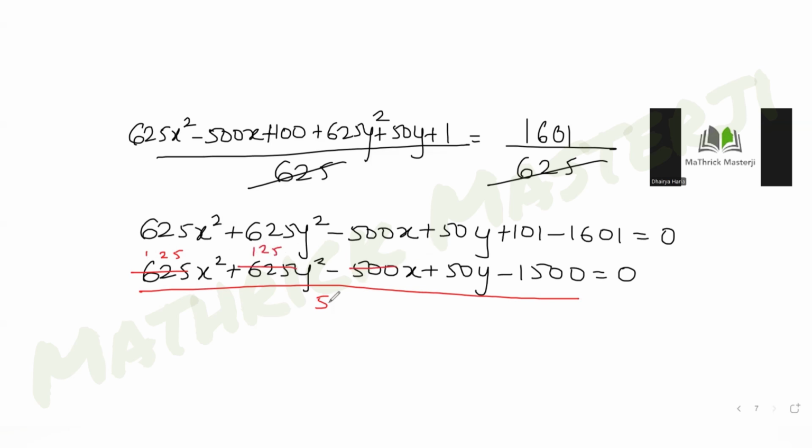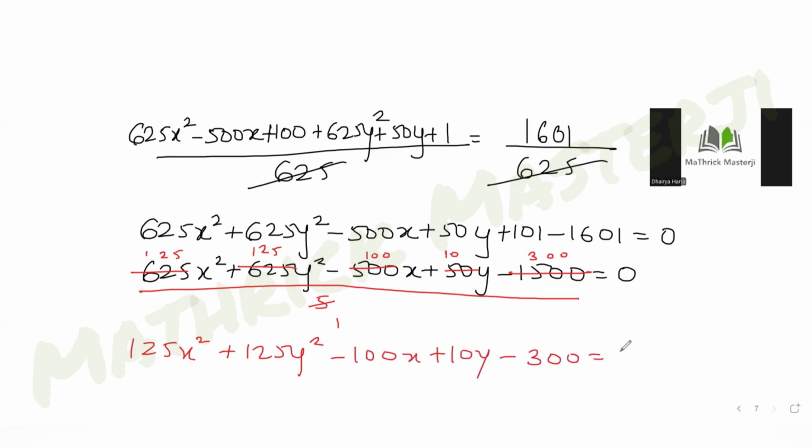Here also, if I divide with 5, I get 100, 5 tens, and 5 300. So you get 125x square plus 125y square minus 100x plus 10y minus 300 equals 0. Once I have this equation, I'll further divide this with 5. I'm dividing both sides with 5, so 0 over 5 will obviously become 0, so it is fine.